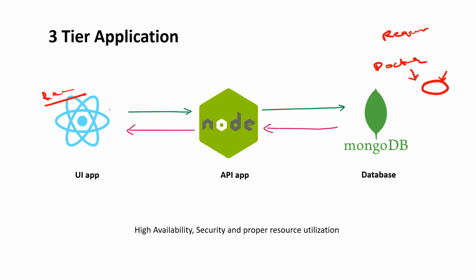To deploy each application, considering all these points, I would use different objects. First, let's discuss the UI app. It's a stateless application, which means whatever data we have in this app, even if we lose it, it doesn't bother us much. That is what a stateless application is.